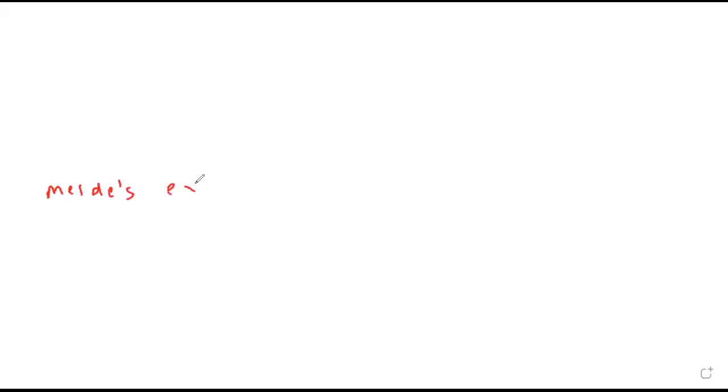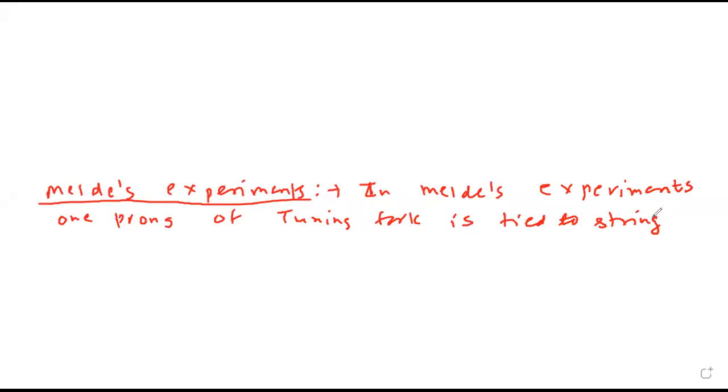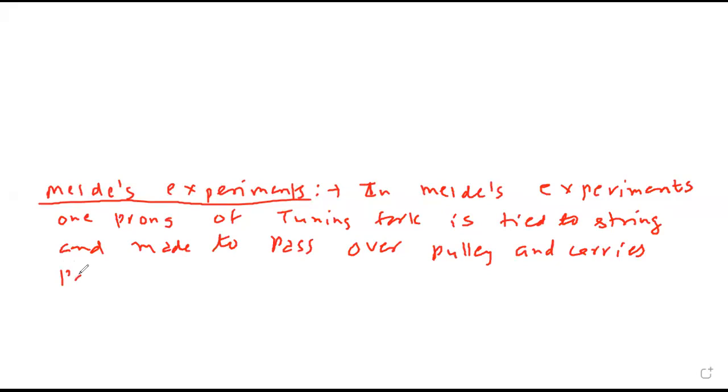Melde's experiment. In Melde's experiment, one prong of a tuning fork is tied to a string and made to pass over a pulley and carries a pan at the free end.